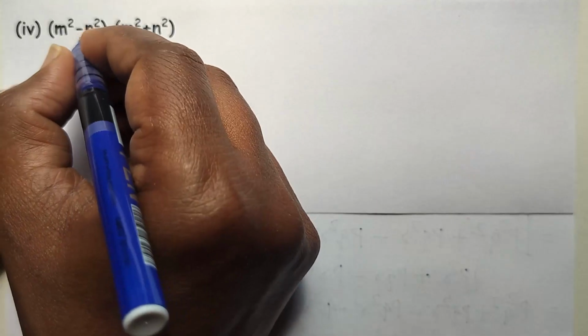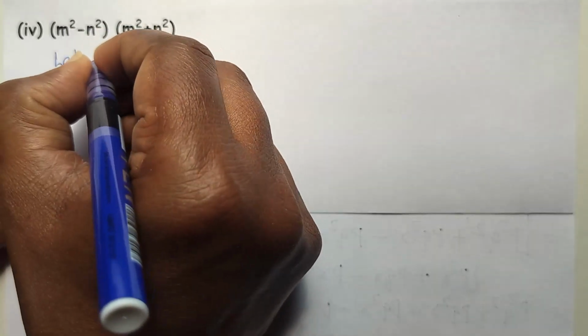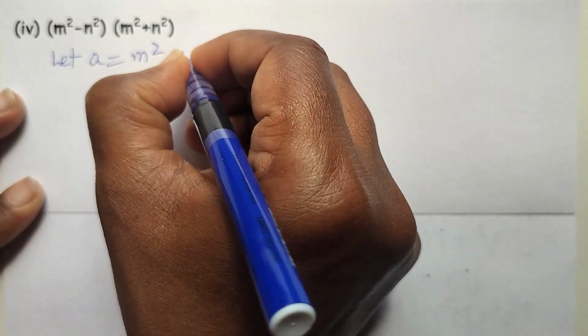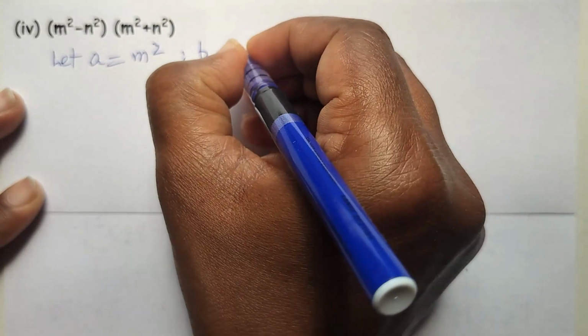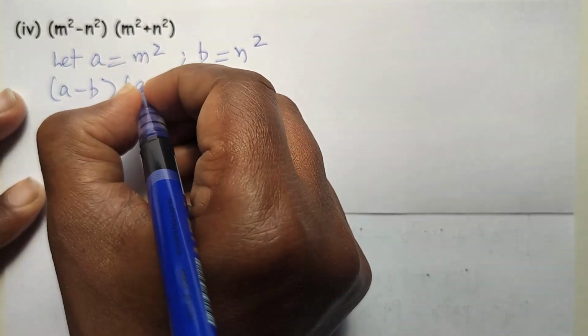Next, fourth one, (m square minus n square) into (m square plus n square). So let a equal to m square and b equal to n square here. So it will be like (a minus b) into (a plus b).